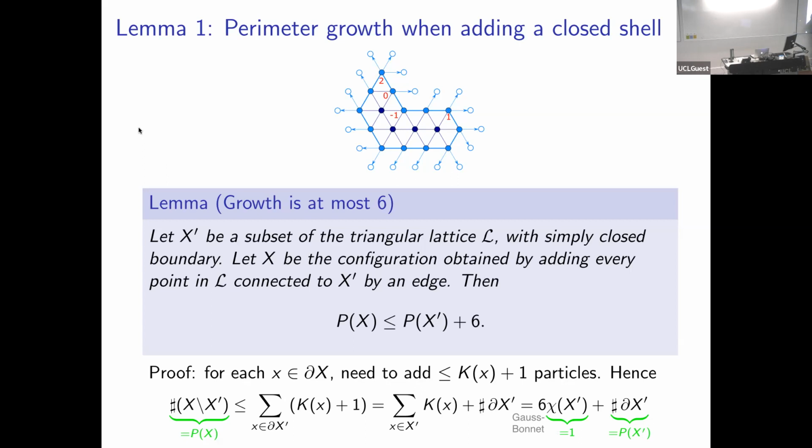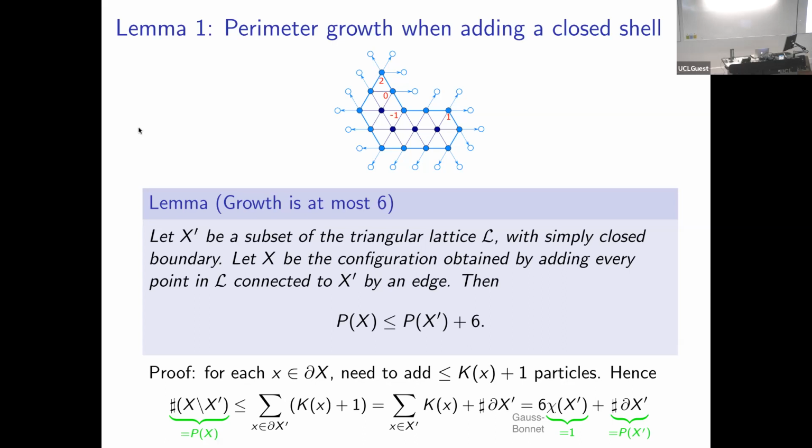And before, how many neighbors they had is told to me by this curvature, because the curvature was 3 minus the number of edges in the unit sphere. So for example, let's take this particle on the top here. Its unit sphere has just one edge. So it had curvature 2.